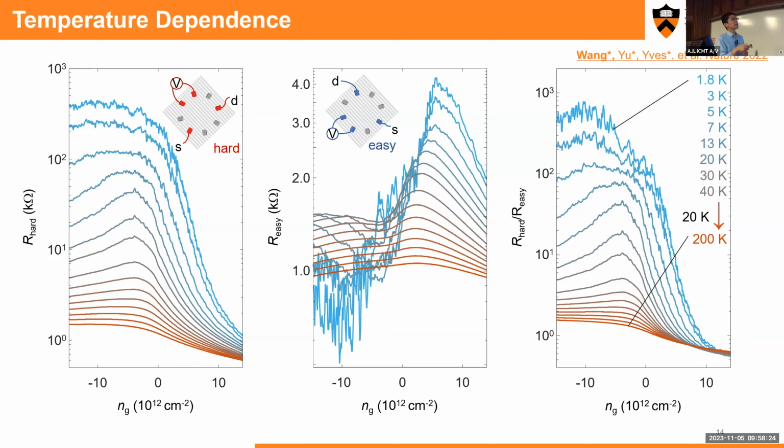The second is that it shows completely different behavior along the hard direction and the easy direction. Along the hard direction, the resistance shoots up with decreasing temperature. But along the easy direction, the resistance goes up and then comes back down like a metal at low temperature.